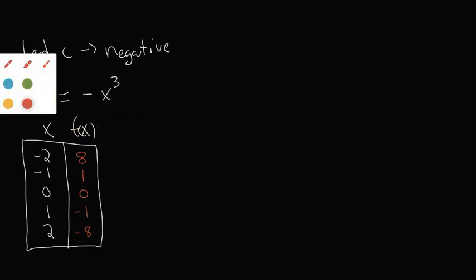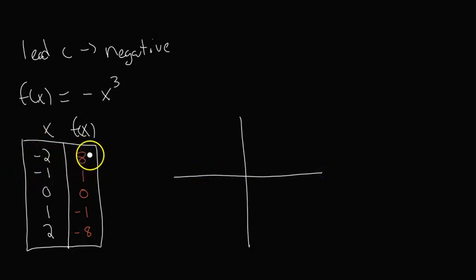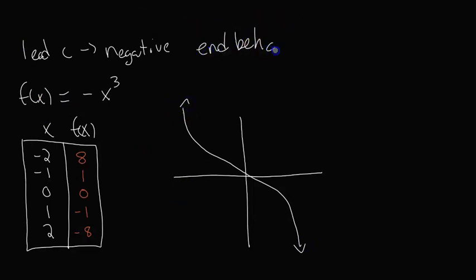Thus, if we were to graph this, it would look something like this. So let's say that we have a graph. Remember, in this case, our negative x values are giving us positive f of x values. Thus, we would look something like this, where our end behaviors are very different than what we saw before.